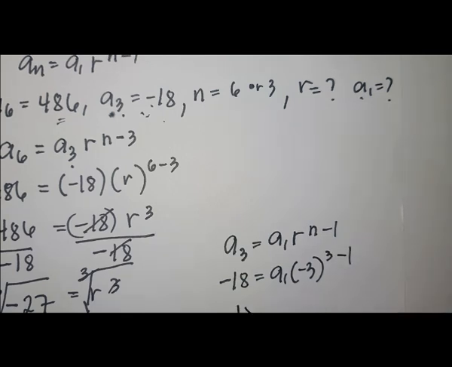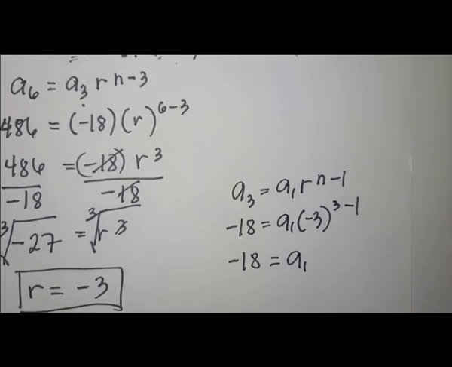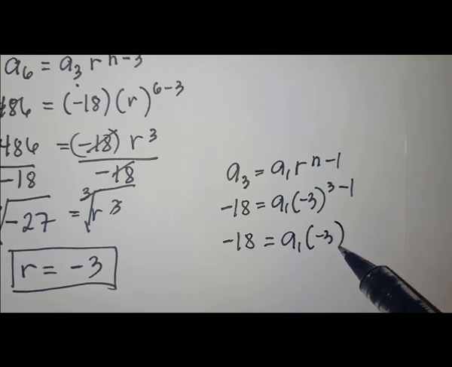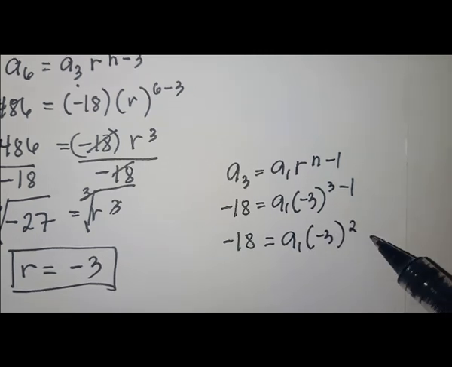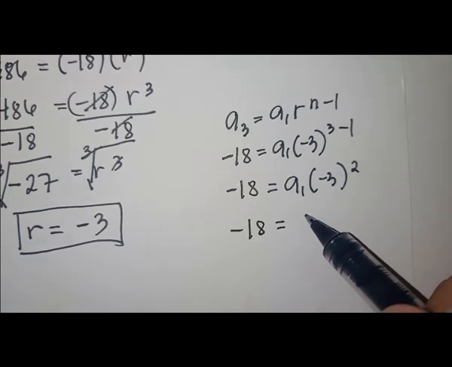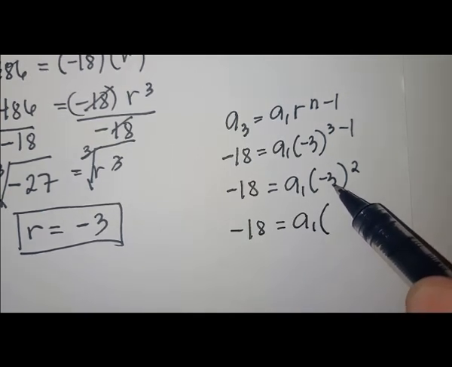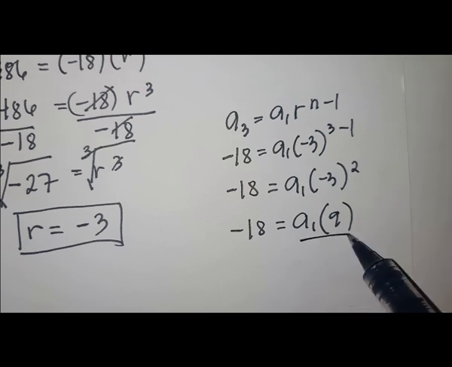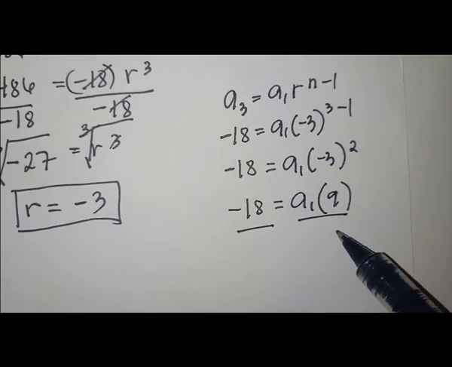So meron tayong negative 18 equals A sub 1 times negative 3, 3 minus 1 is 2. So, meron tayong negative 18 equals A sub 1 times negative 3 squared. It will give you positive 9. Then divide both sides by 9.